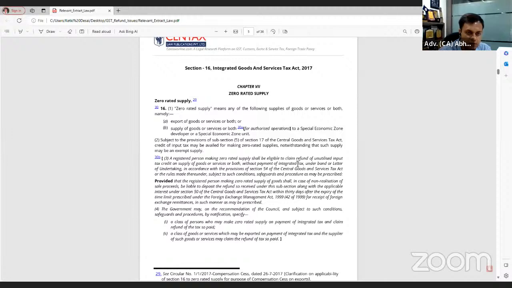So basis which the government has issued a notification whereby, barring certain restricted products, the government has permitted all the exporters to make exports or zero rated supplies on payment of integrated tax and claim the refund of tax. The proviso to subsection 3 is also very important, which we will also touch upon when we go to the issues.